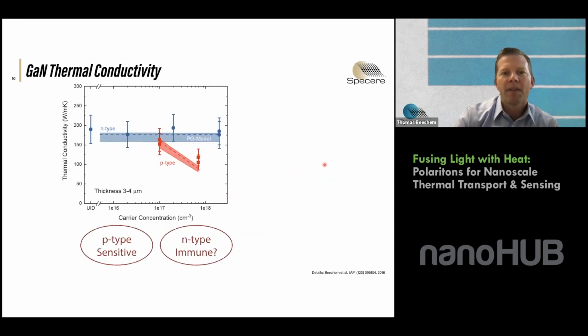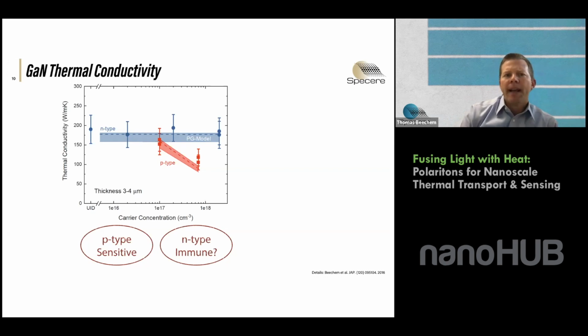This problem really caught my attention when we were looking at gallium nitride. Gallium nitride, of course, is already used in quite a few commercial applications, for communications, radar, things like that. But it's becoming more and more prevalent, along with its alloys, in power electronics.